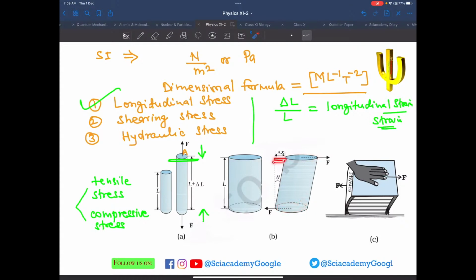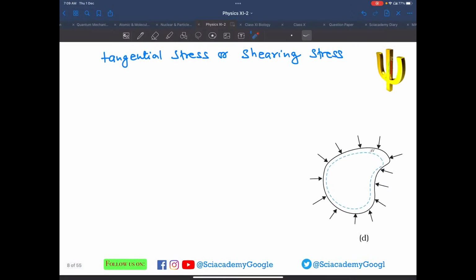And here you can notice that there is a shift of these opposite faces relative to each other by delta x, and this change or shift can be expressed in terms of strain that is known as shearing strain, and it is defined as the ratio of relative displacement to the length of the cylinder.